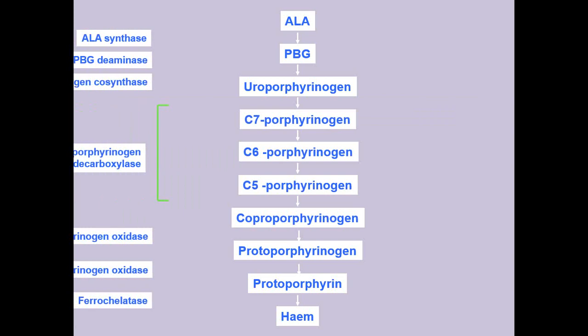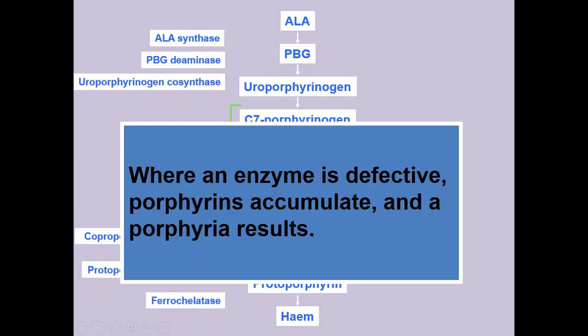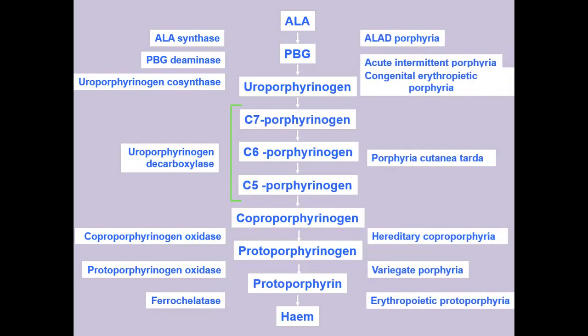Each step is catalyzed by an enzyme. These are the enzymes which we have discussed, and these are the deficiency diseases that can occur. A deficiency of these enzymes can lead to different types of porphyrias.